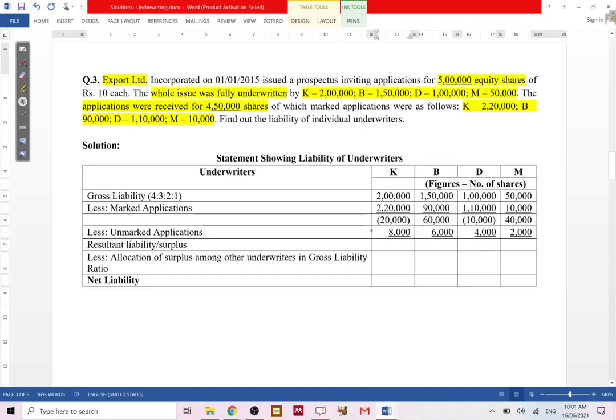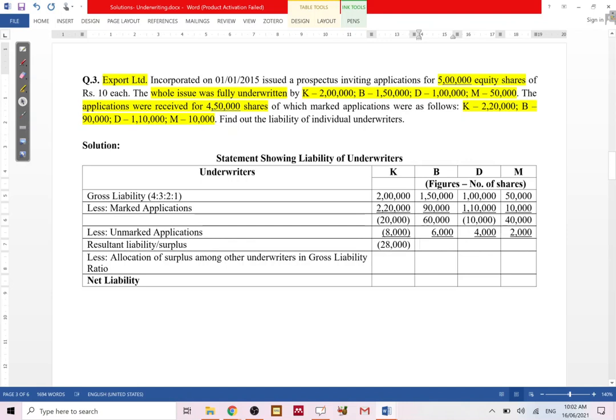So do not be confused and treat it like a positive figure. When you minus it, technically it becomes a negative figure, right? Now minus into minus is plus, so you will add it, but you will keep the negative sign. So 28,000, we added it, but we are writing the negative sign.